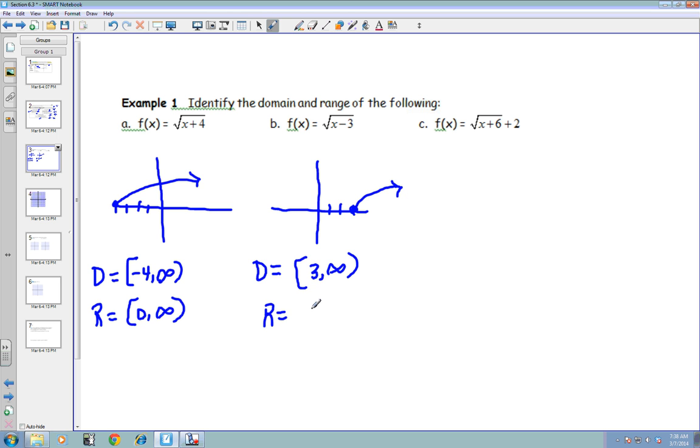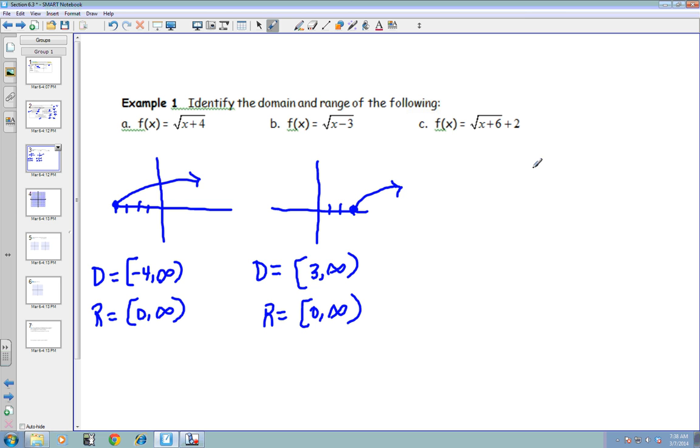My range has not changed, 0 to infinity. And see, I'm using the brackets because this number is included in the domain and the range. You use a parenthesis when that number is not included. So infinity is just the concept of a number, so I need to use a parenthesis.